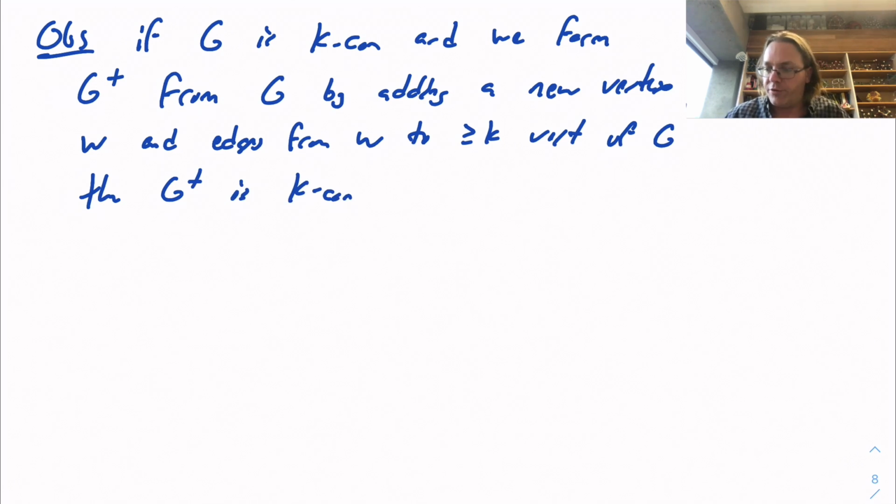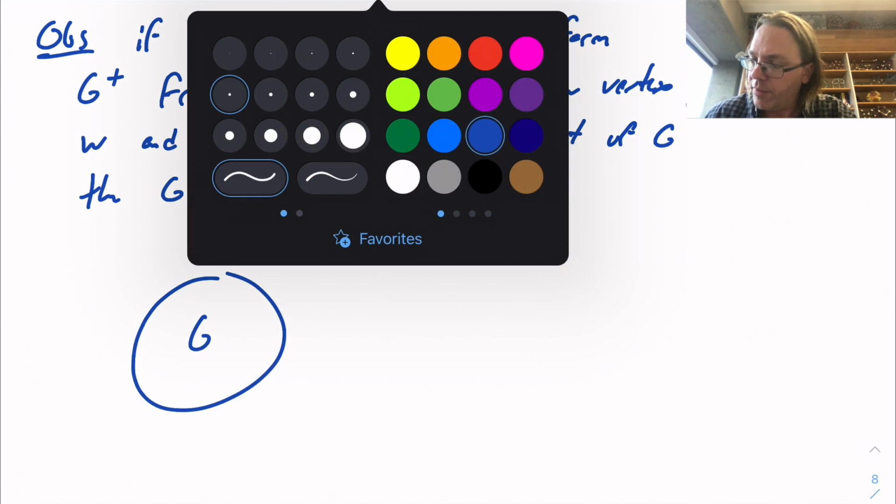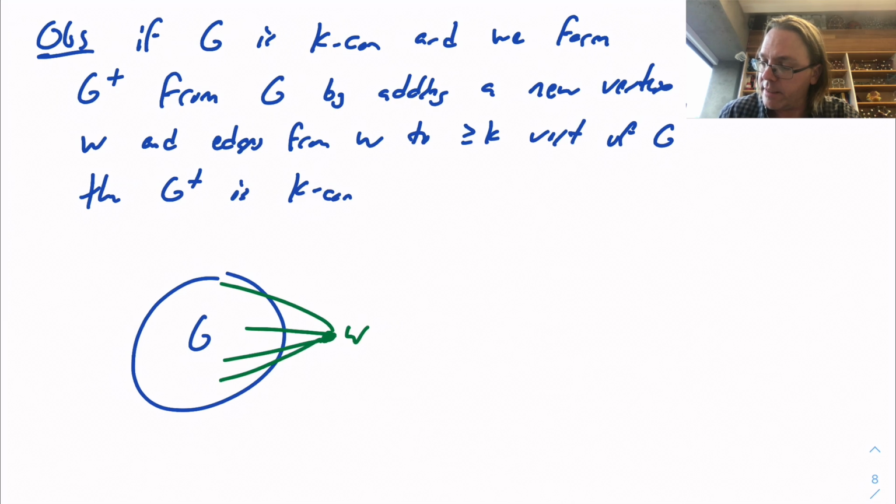So I'll just draw the picture here. Here's our graph G. This graph, by assumption, is a k connected graph. I am forming the graph G plus by adding a new vertex, calling it W, and we're going to add edges between W and at least k vertices here. I'm just claiming that this new graph we formed, G plus, is k connected.